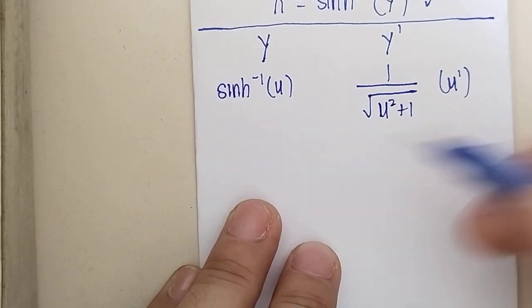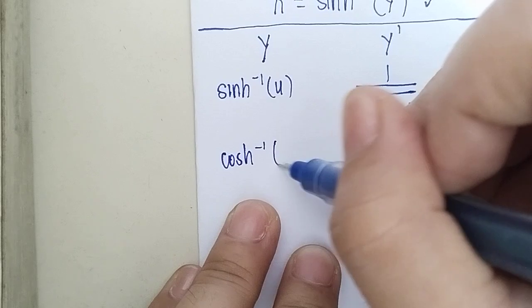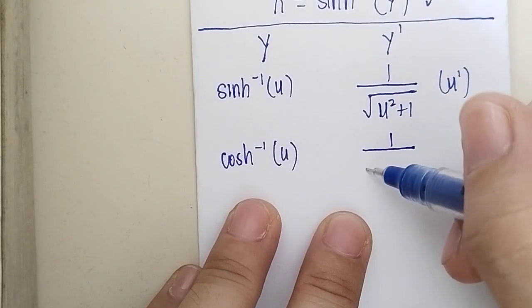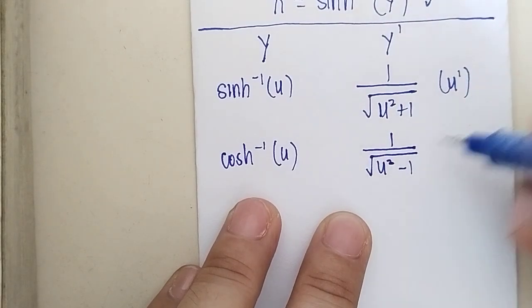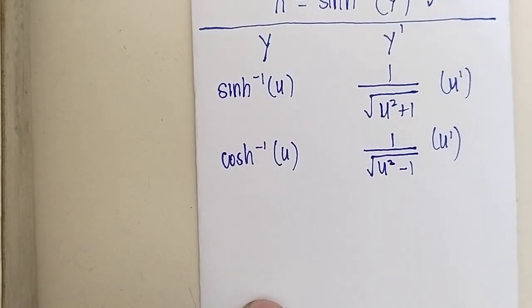Then the inverse of the hyperbolic cosine of u is the same. It is not negative, it is positive. But instead of plus 1, it is minus 1, times the u prime. So, that is one of the differences we notice.